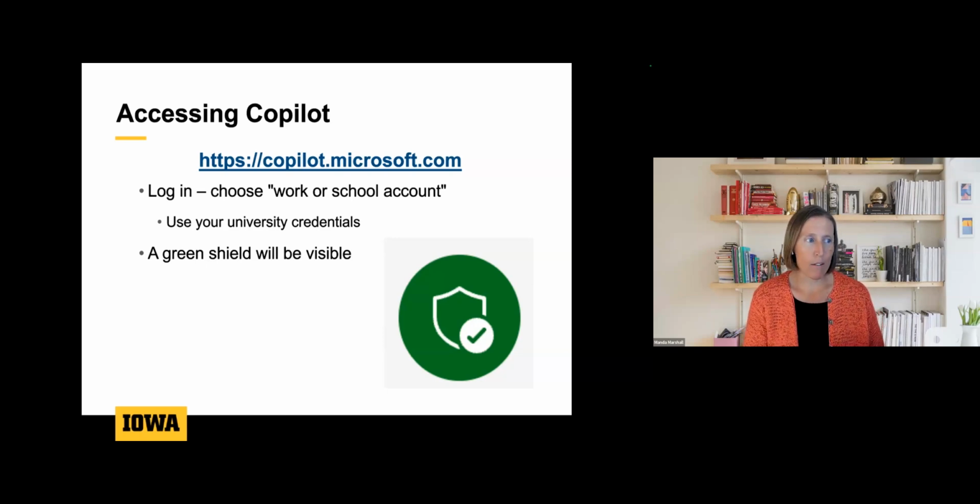Once you see that, wherever you're using Copilot Enterprise, you know that your data is protected and you are logged in. If you don't see that green shield, that means you're using the consumer version, which looks almost identical to the business version, or education version, I should say. And your data is not protected in that tool. Okay, so I'm going to put the URL for that in the chat here in case you'd like to follow along.